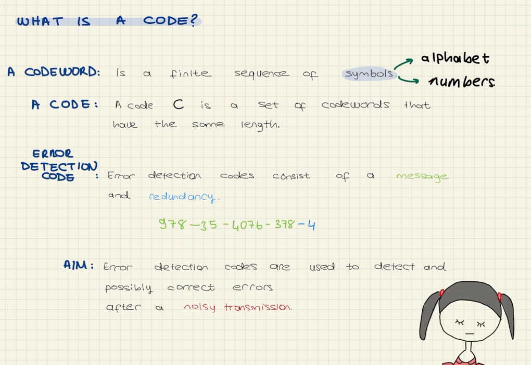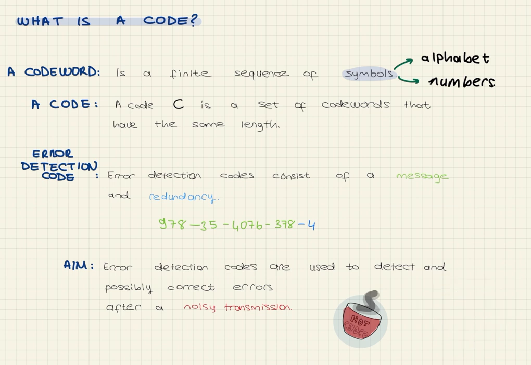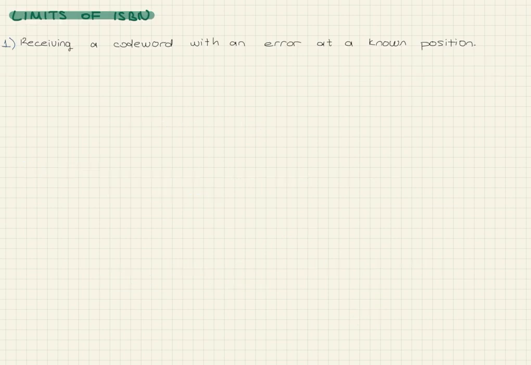Noisy transmission. Is it like the stain I caused? That's true. And after the stain you caused, Marta is now trying to find the correct ISBN number. Indeed, this is a great point to investigate the limits of ISBN code in terms of error correction. In the first half of the story, Marta received a code with an error in the 10th position.